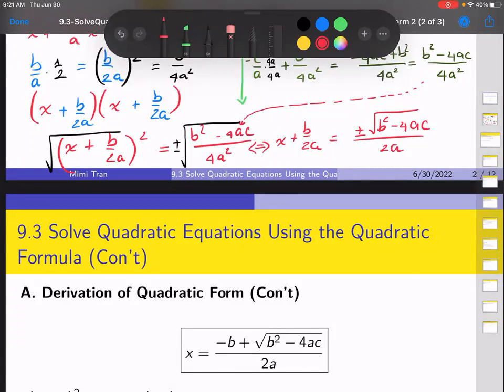And all I have to do is subtract b over 2a from both sides. This on the left hand side is gone.